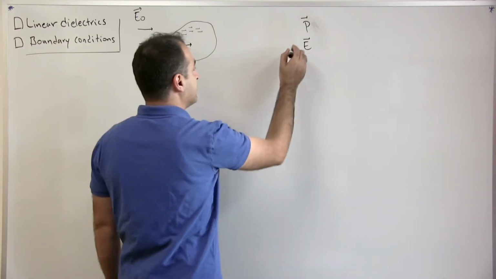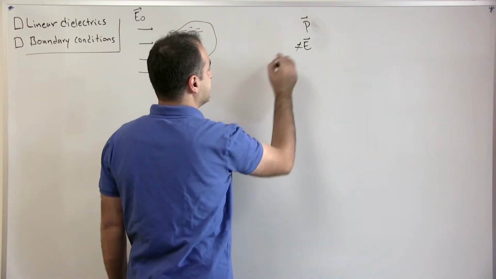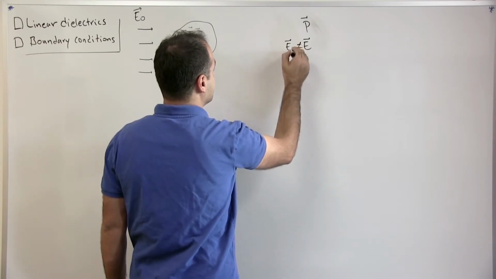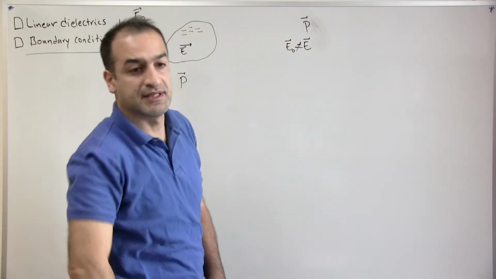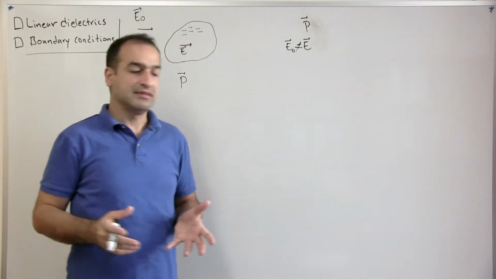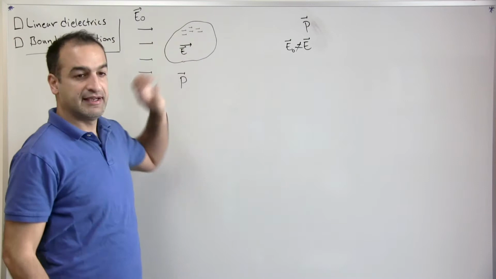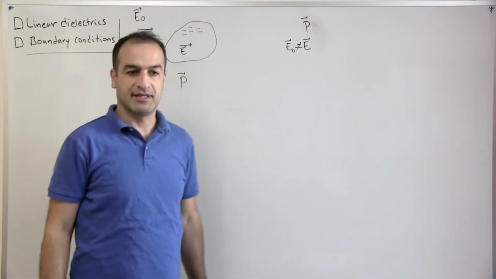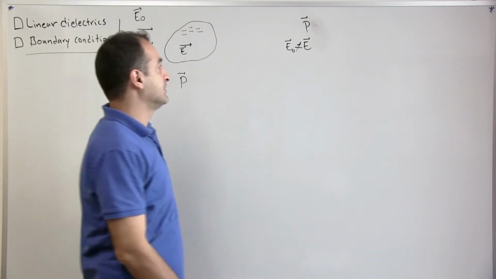And remember that the electric field inside the dielectric is not equal to the electric field we have outside. In most cases, the electric field inside is weaker than what we have outside, and that's the effect of the dielectric.